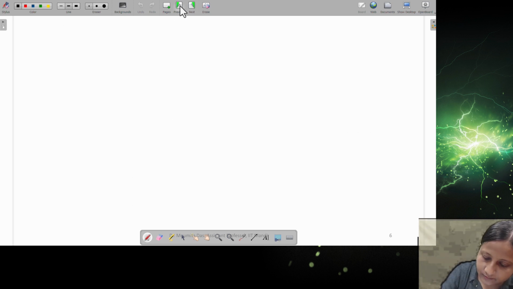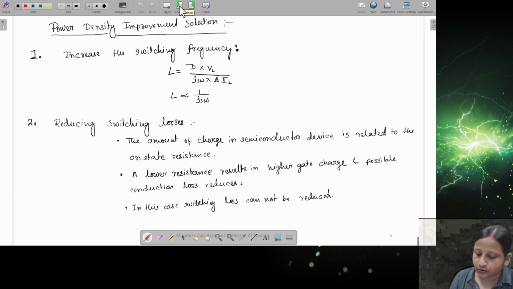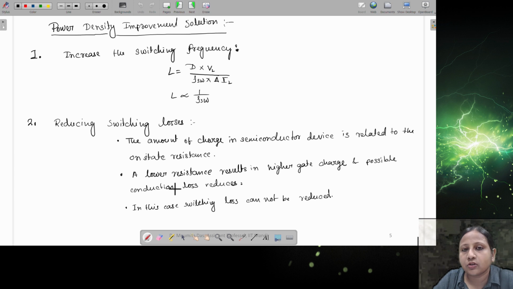So in the previous case, if it is possible to reduce the on-state resistance, then the loss in the switches due to conduction can be reduced. Now for switching loss, if we consider higher gate charge, then the switching loss cannot be reduced.